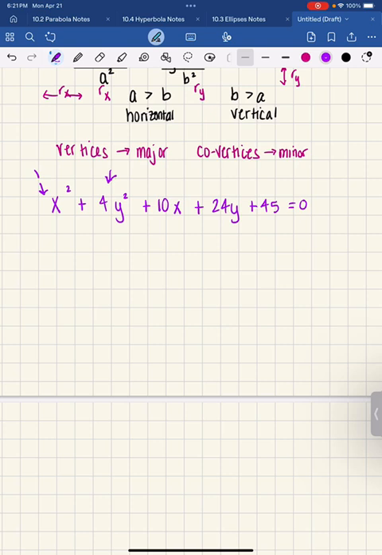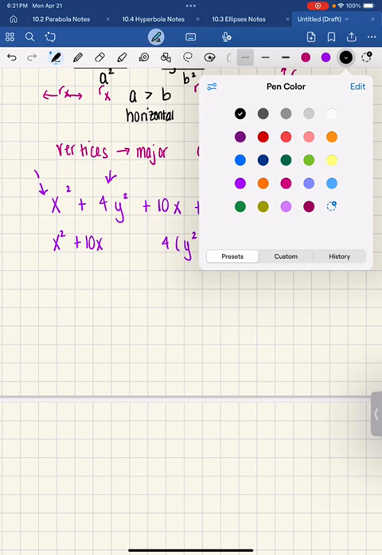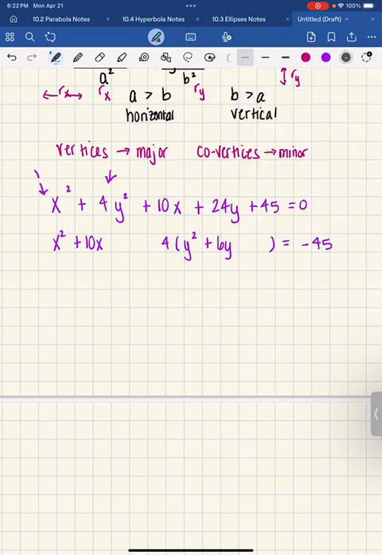Okay, so I wasn't kidding when I told you that you have to know how to complete the square. So I'm going to have x squared plus 10x, leave space. Factor out the 4, a must be 1 to complete the square. All right, so we're going to take half of 10 and square it, and that's going to be 25.